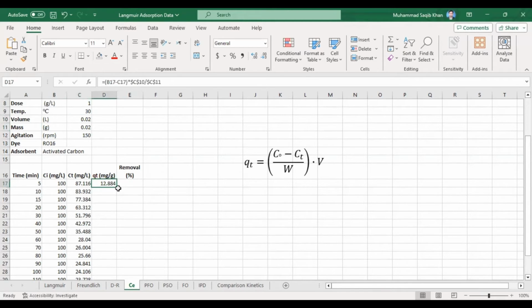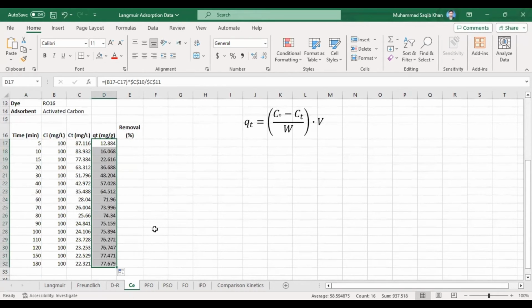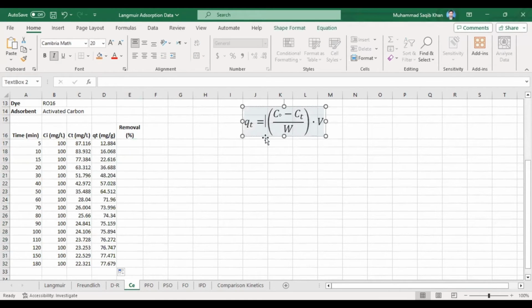Okay, so now we'll copy this formula till the end, and then we'll calculate the removal.